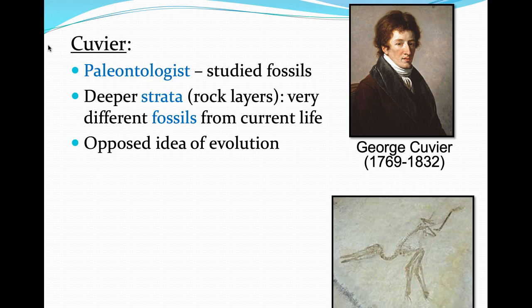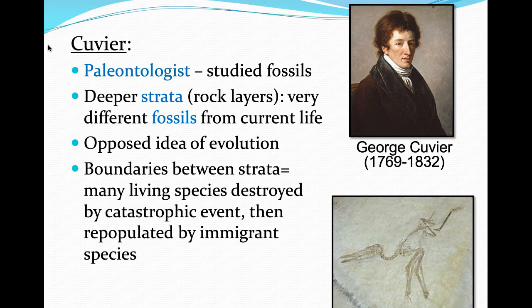Now, what was his theory on why the organisms were so different in the different levels or layers of strata? He theorized that there had to be some type of catastrophic event that caused those species to essentially become extinct. And when there was a loss of that species in the area, that made room for new species to move in and repopulate that area.